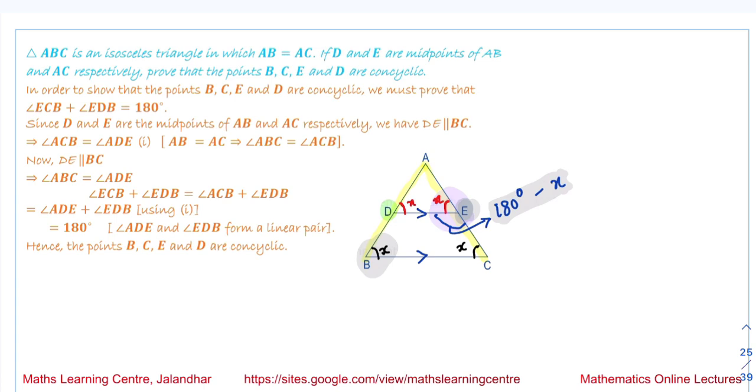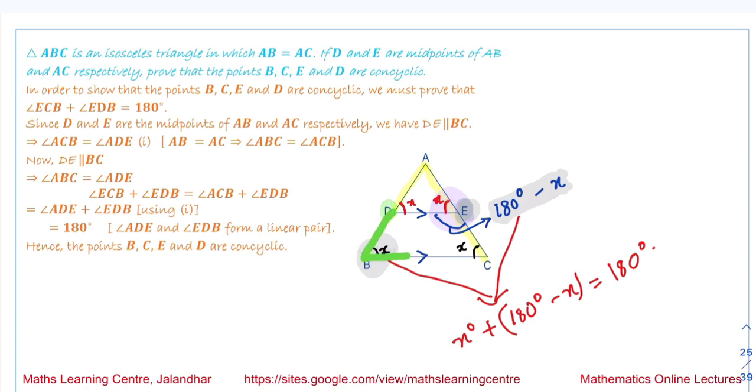So the sum of both these angles is X degrees plus 180 degrees minus X, which is equal to 180 degrees. So if we look at this quadrilateral D, B, C, E, the sum of opposite angles B and E is 180 degrees. It means DECB is a cyclic quadrilateral, and that means that these points B, C, E, D lie on a circle. They are concyclic.